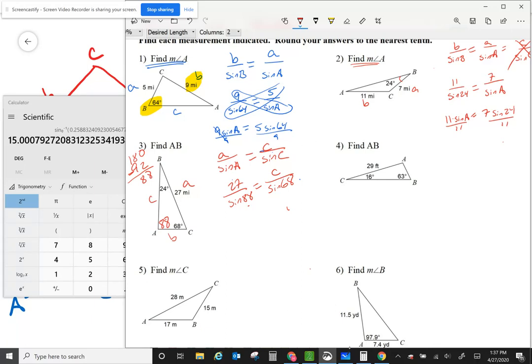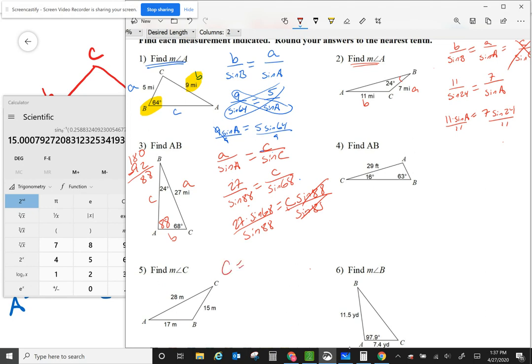When I cross multiply, I have that 27 times sine of 68 is equal to side C times sine of 88. Let me divide both sides by sine of 88 to get that C by itself.